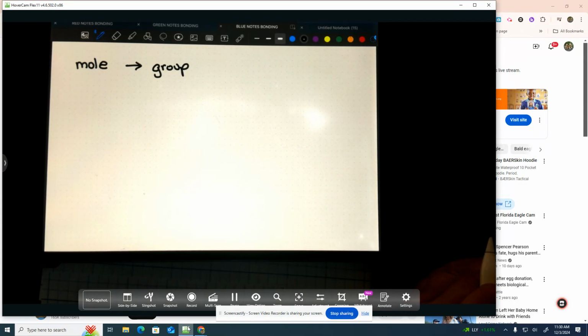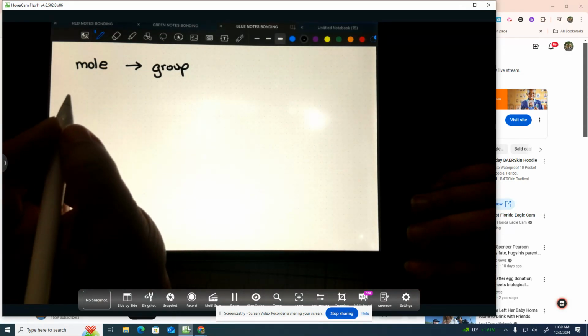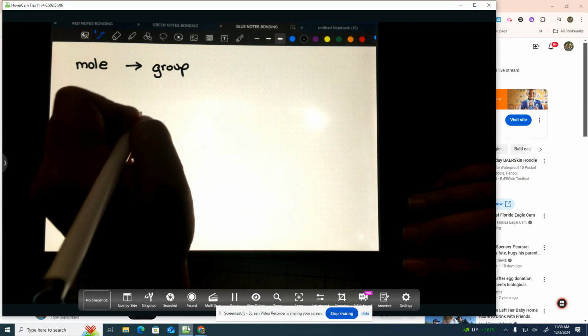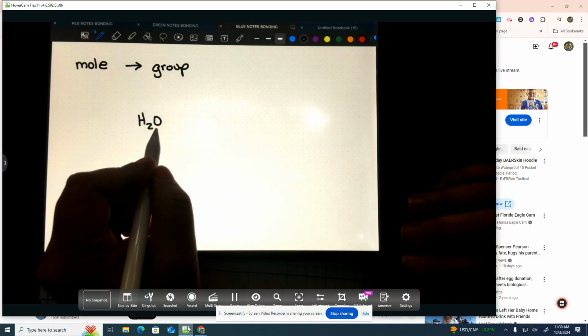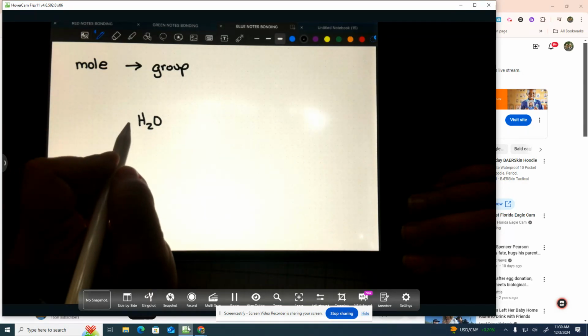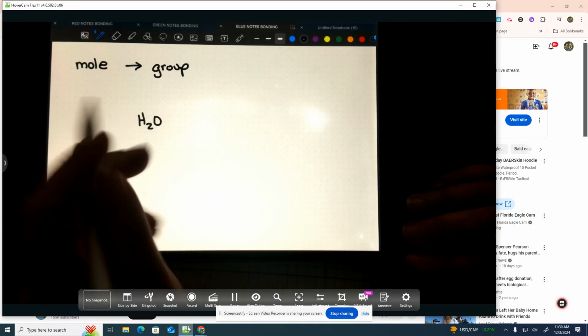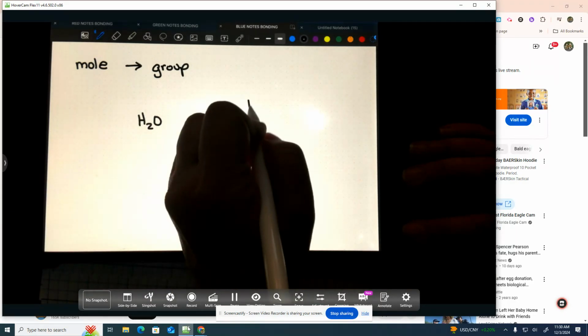In chemistry, a mole means a group. It's not a molecule, it's a mole. If I once again draw H2O, there's a 1 here, the coefficient is 1. That is saying I have 1 mole, 1 group, and in that group I have 2 H's and an O. That's my group.